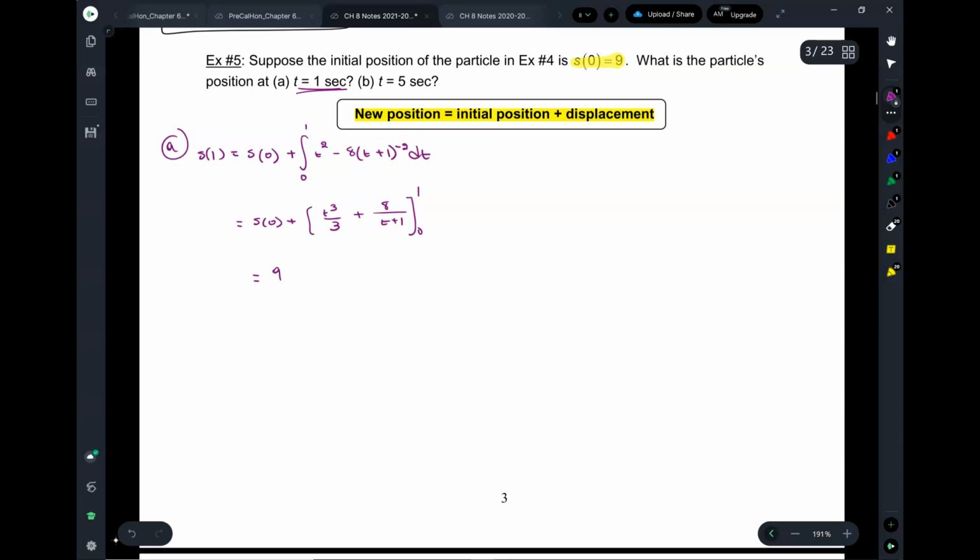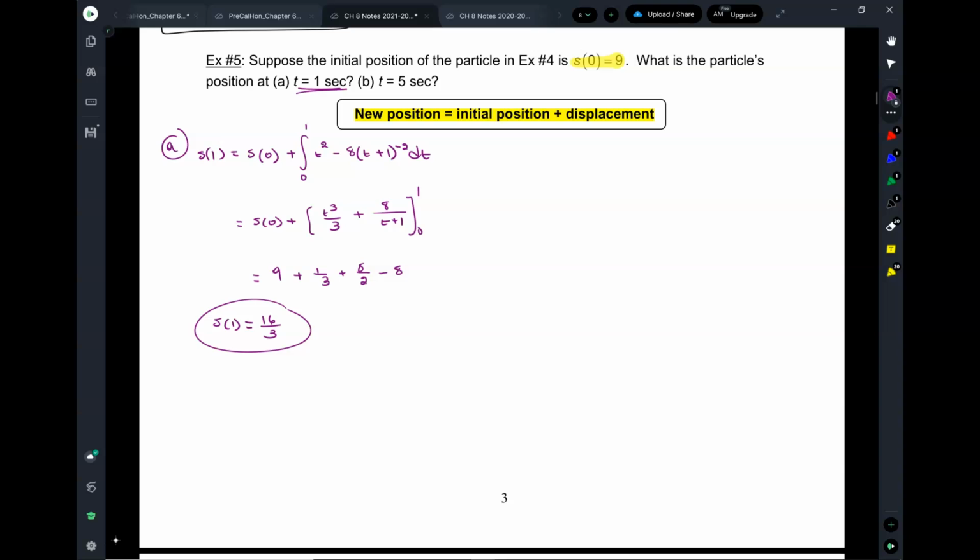So this is 9 plus 1 over 3 plus 8 over 2 minus 8 when you plug in the 0. So this is 16 over 3.